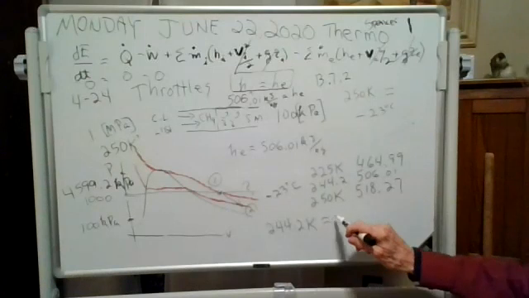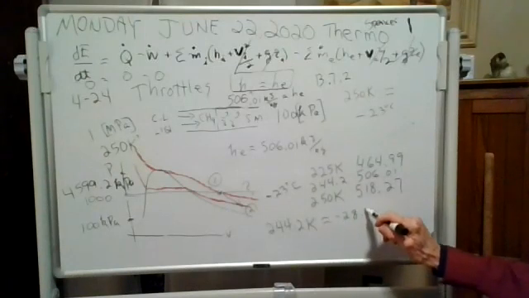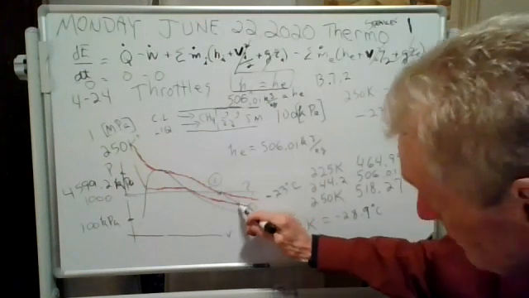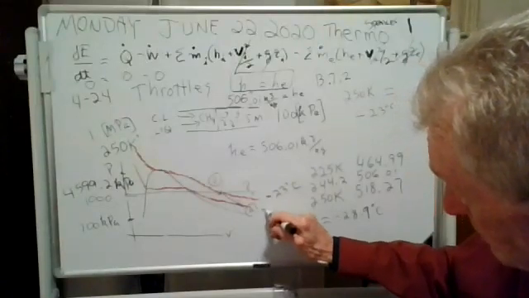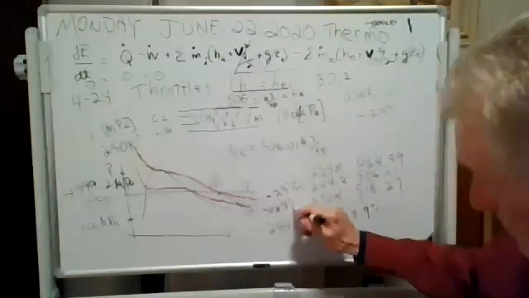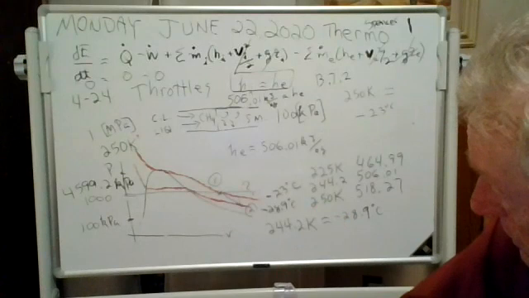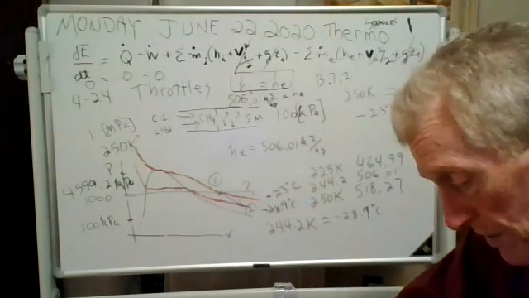That's minus 28.9 degrees Celsius. We think that this temperature here is minus 28.9 degrees Celsius. So it cools off. That's what the throttles do. They definitely cool off there. I wonder if that's the answer in the book.